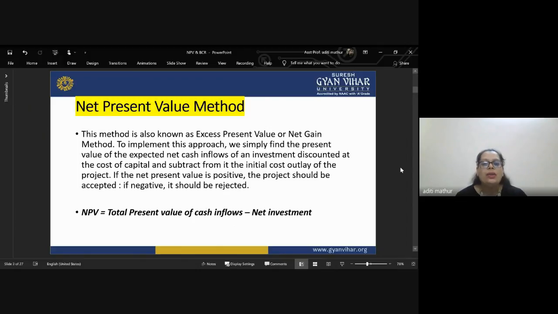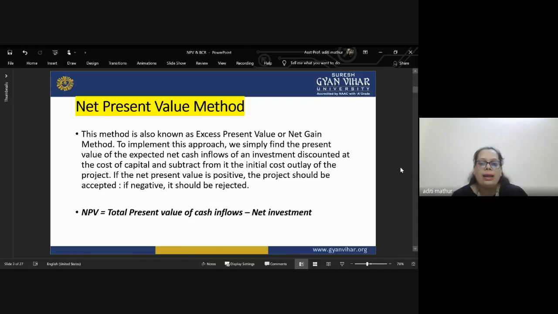To implement this approach, we simply find the present value of expected net cash inflows of an investment discounted at the cost of capital and subtract from the initial cost outlay of the project. If the NPV is positive, the project should be accepted, and if it is negative, we reject the project.